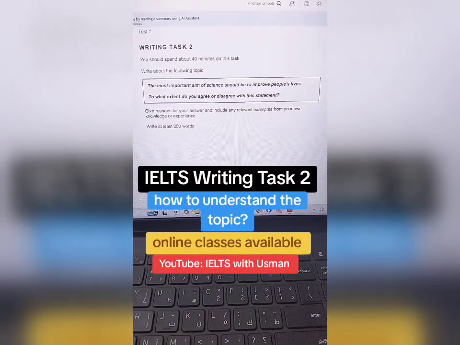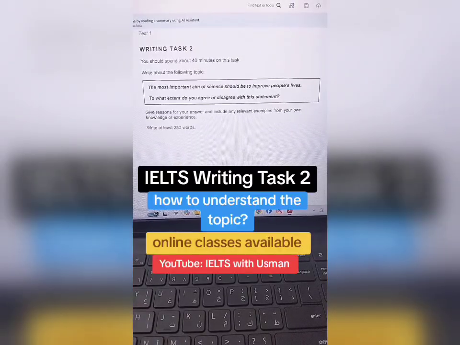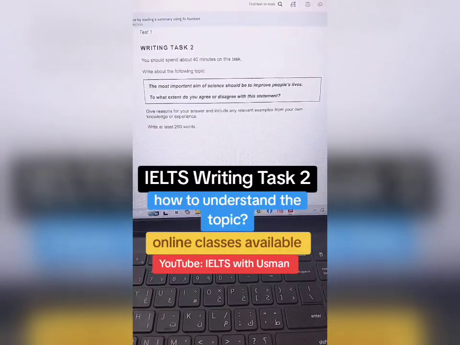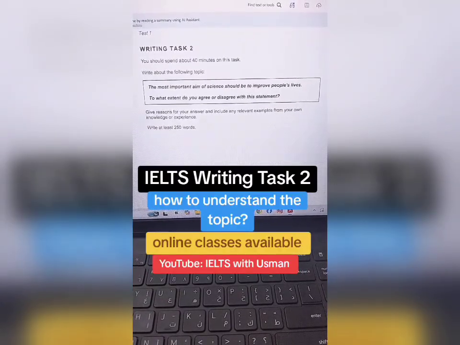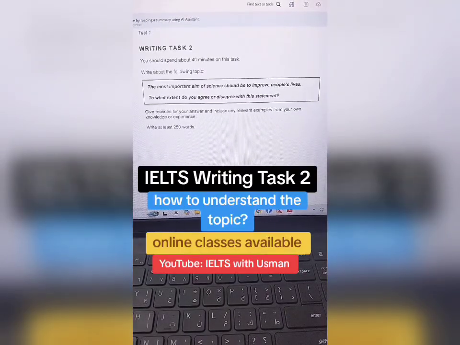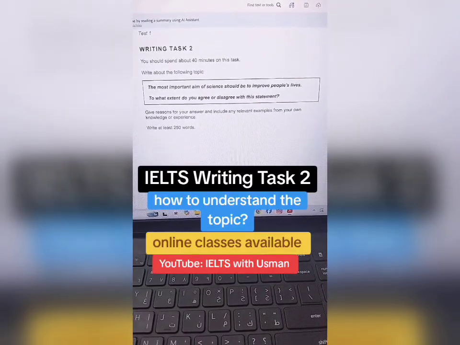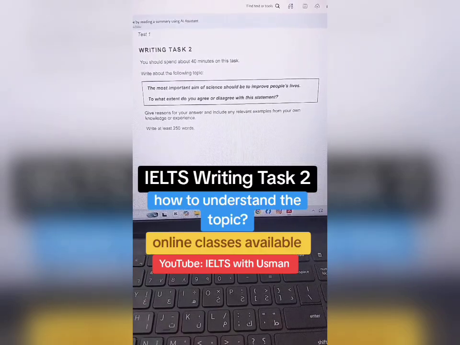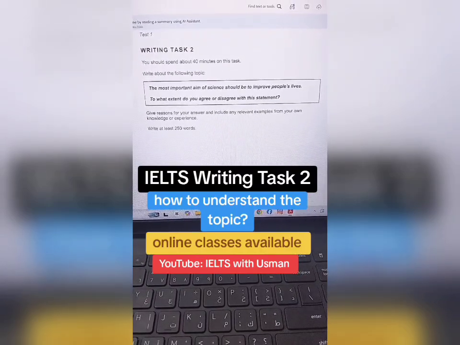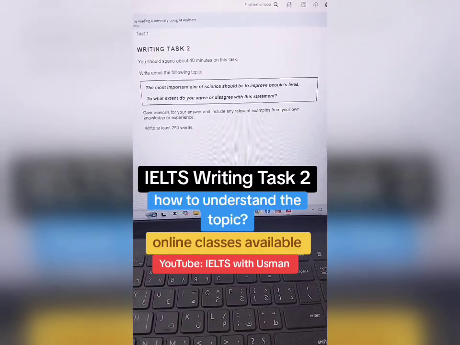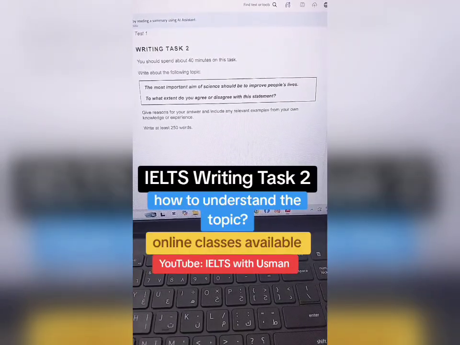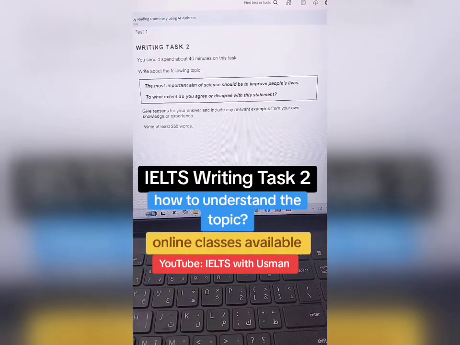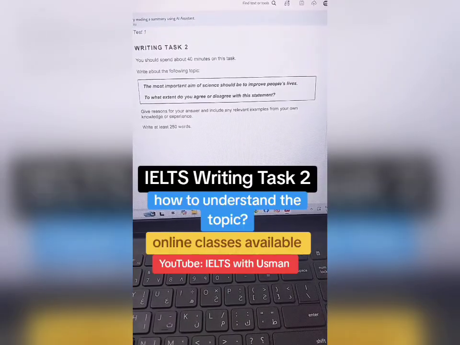You need to write at least 250 words, and you must have the prior knowledge or prior experience about this. You need to understand this topic fully. For example, you should know how science is important for us and how science is helping us in our lives.